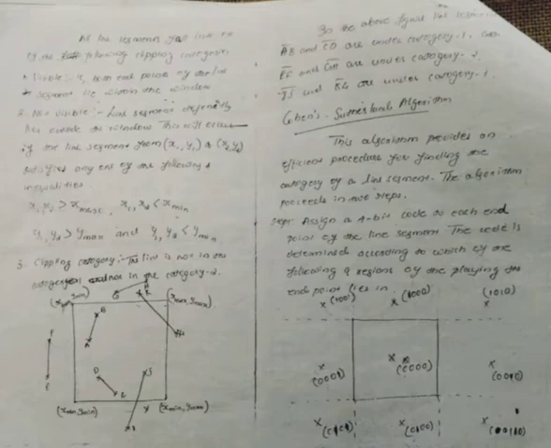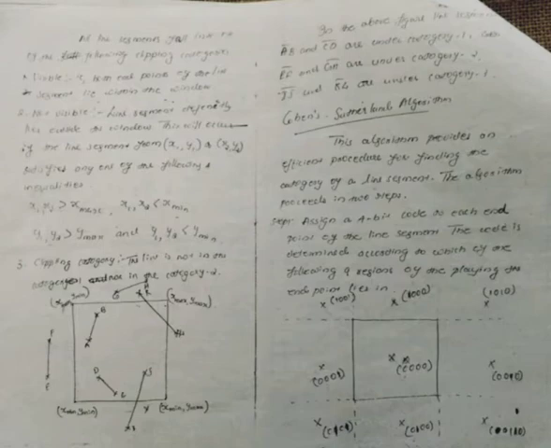There are three categories: visible, non-visible, and the clipping case. In the visible case, both endpoints of the line segment lie within the window, and in the non-visible case, the line segment will be completely outside the window.